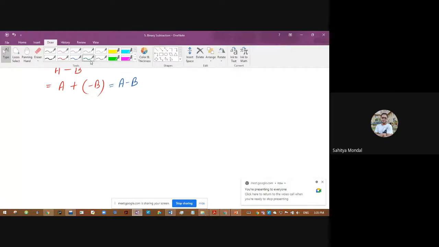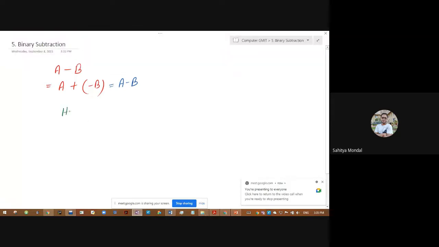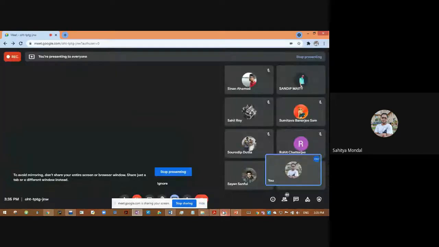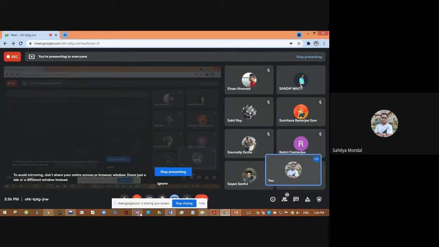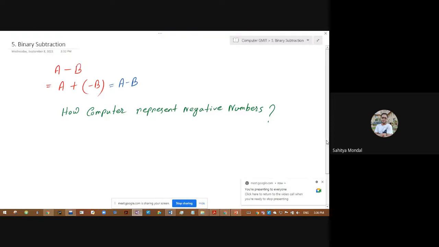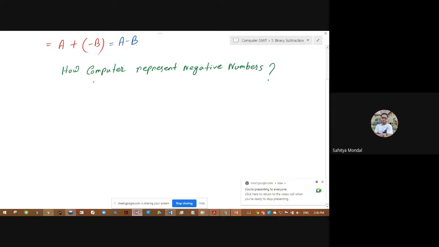Now the question comes: how does the computer represent negative numbers? There are three mechanisms through which the computer represents negative numbers.